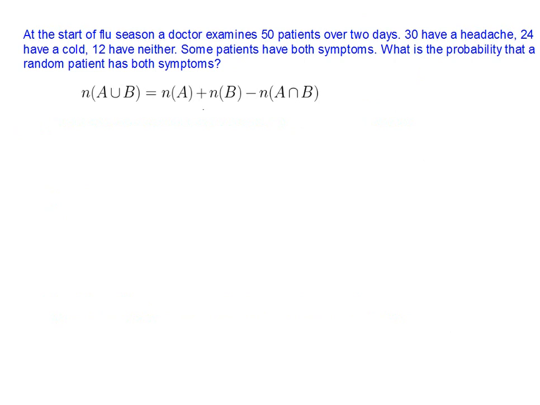So we're going to start with a Venn diagram. Here's our Venn diagram. We have a headache, so we'll let this be H, and we have cold. This can be C, and there's going to be some overlap, so I've drawn some overlap in here.